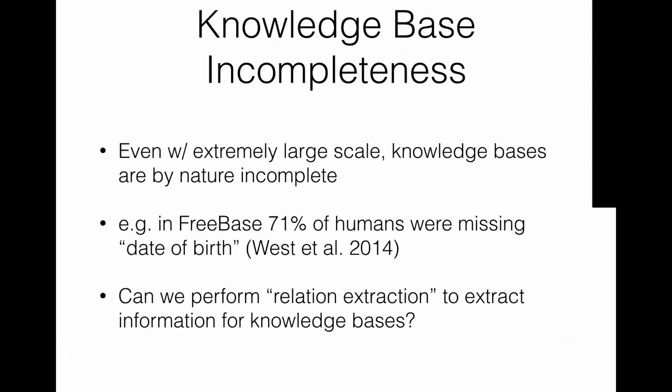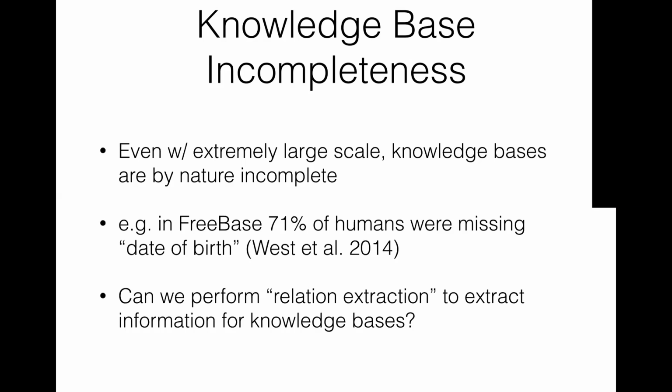And as you can see, you can't really rely on humans to annotate 300 gigabytes of triples or even more. And according to some statistics in Freebase, or now Wikidata, 71% of humans don't have a date of birth, even though they should have. And a lot of community interest goes to how to populate or automatically fill the knowledge base without relying on human effort.